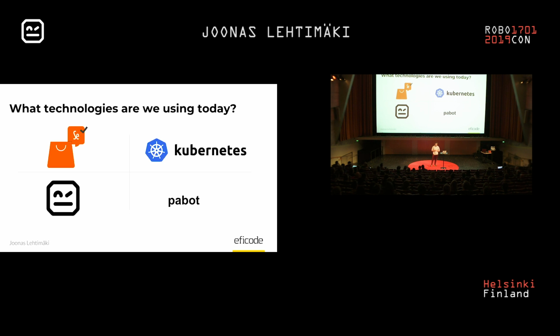Kubernetes will handle all the resourcing needs and all the cool stuff under the hood. And last but not least, Pabot, which is going to be used for the parallelization of the tests, so we can see the dynamic scaling of the environment.